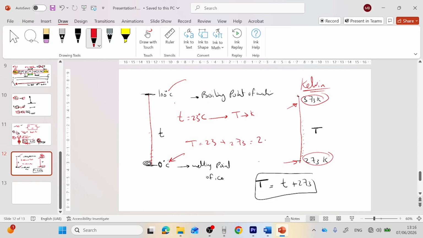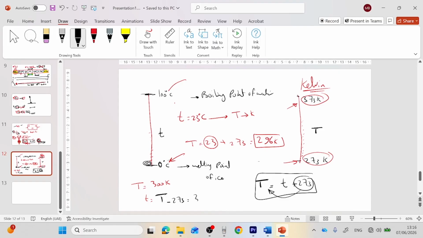So it will be 296 Kelvin. So 296 Kelvin is the same as 23 degrees Celsius. But what if you were given the temperature in Kelvin and you want to find the temperature in Celsius? In this case, you will just do a little algebra. You take this number and move it to the other side after changing its sign. So it will be the temperature in Kelvin minus 273.